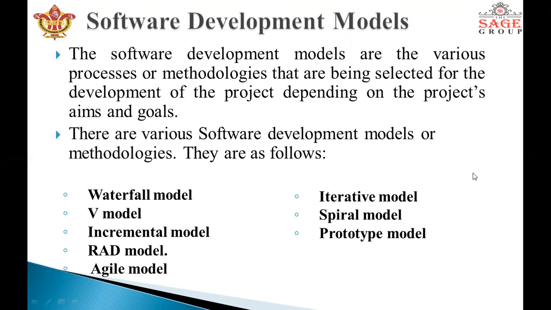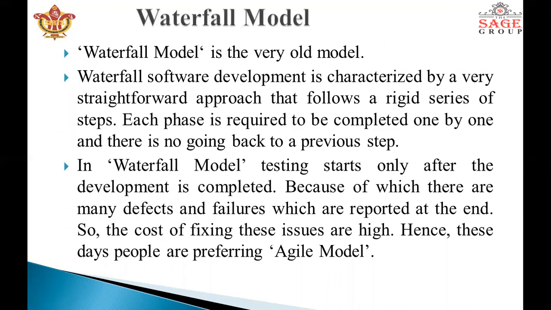Here you can see the various software development models: waterfall model, V model, incremental model, RAD model, agile model, iterative model, spiral model, prototype model. So many types of models are available nowadays, right? Let's start to study our first model, that is the waterfall model.